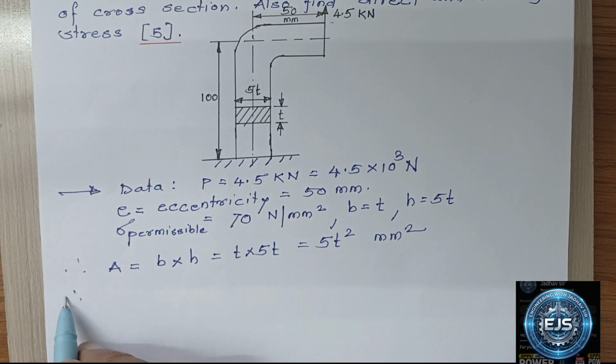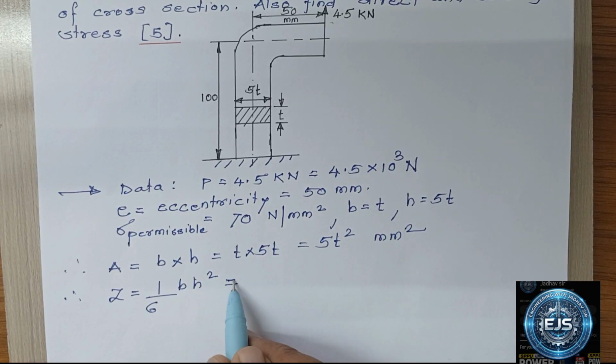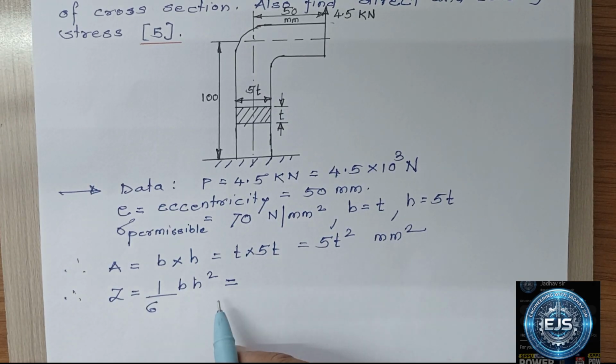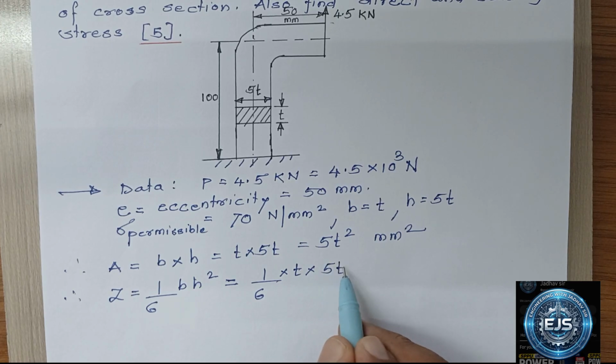Then we have to calculate the section modulus Z. The section modulus formula for a rectangular cross section is 1 by 6 bh square. Just now we have derived it in a previous problem. So 1 by 6 into width t into h, where h is 5 times t, and whole square.